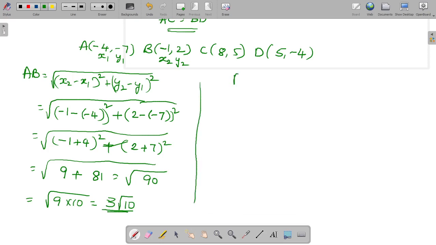Coming to the BC case. B is (-1, 2) and C values are 8, 5.